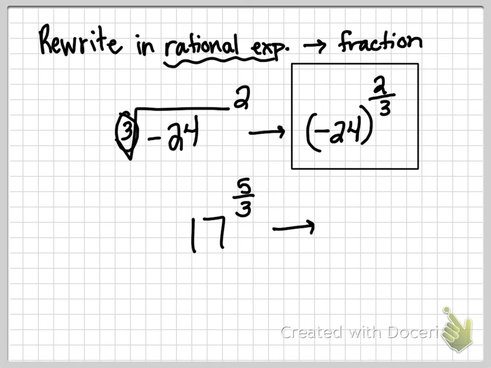It's the cube root of 17 to the 5th power. So can you solve this? No. We can't simplify this further. All it's asking you to do is just to rewrite it from the fraction to the radical, or vice versa, from the radical to the fraction.